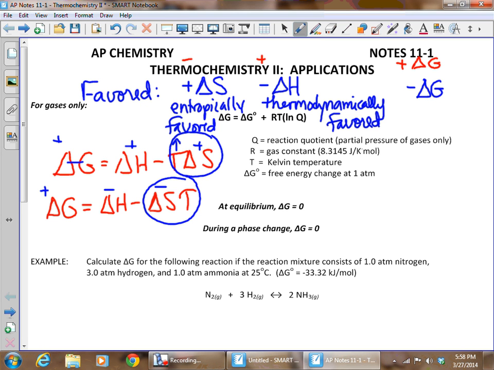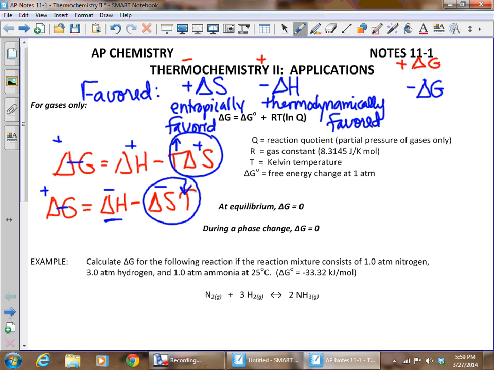We need to decrease that term so that the overall term is not so positive. So if we decrease the temperature, we're going to make this term smaller. So we're subtracting a smaller negative value, and therefore we can cause that negative delta H to take over and turn our reaction negative. So recap.